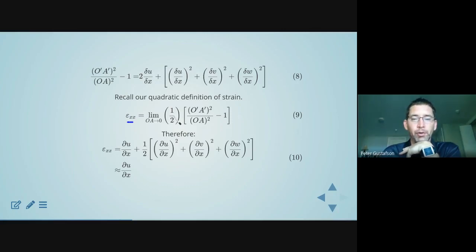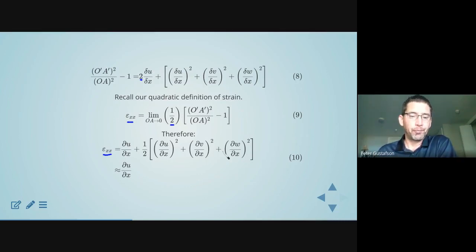I canceled the 2 here by saying assume that this is defined as equal to 1/2 that. So what we get is epsilon xx is equal to du/dx, the 2's gone away, plus 1/2 of (du/dx) squared plus (dv/dx) squared plus (dw/dx) squared.